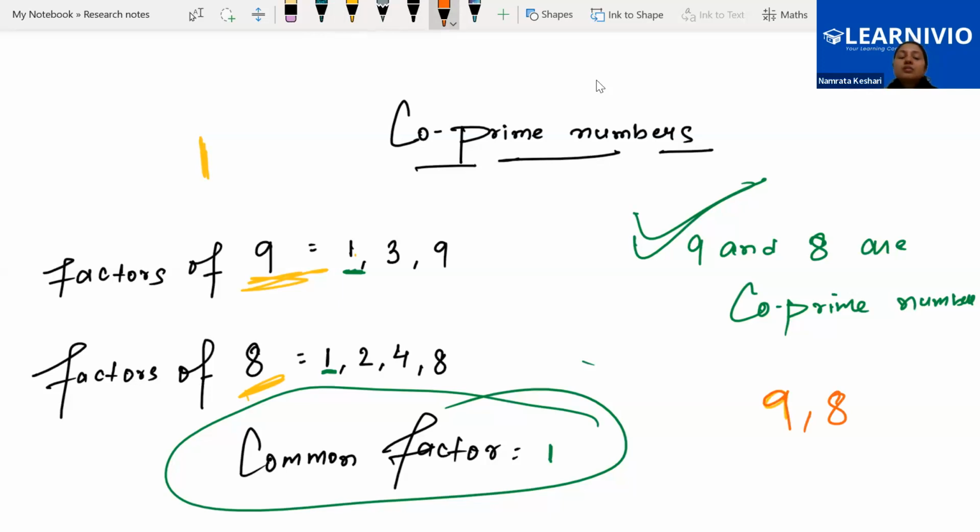No, there is no number which can divide 9 also and 8 also. One can divide 9, one can divide 8. That is fine, one will always be there. But apart from one, is there any other number which can divide 9 also and 8 also? No. So 9 and 8 are co-prime numbers.